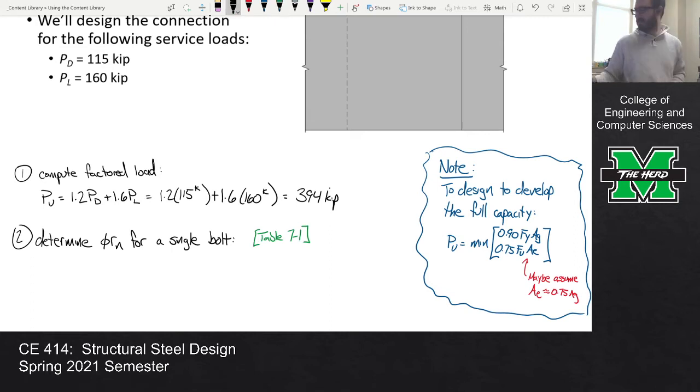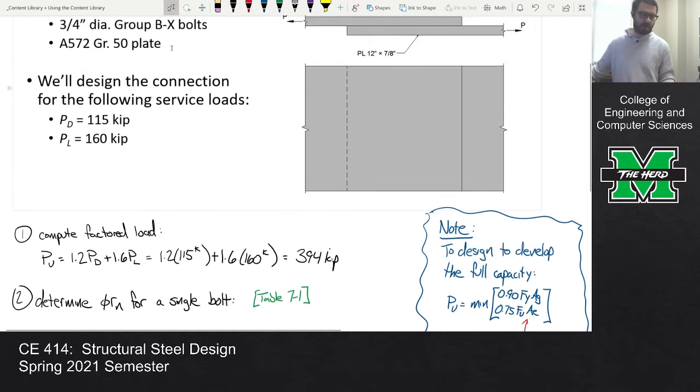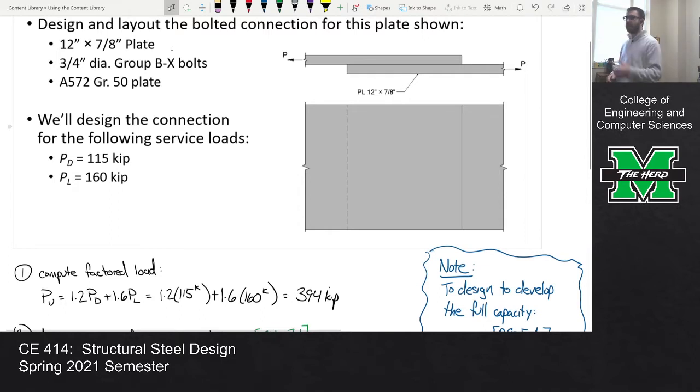Let's scroll up a bit so that we all see what we're talking about here. We're going to go with the 3/4 inch diameter Group B X bolt. Help me out. Is that all the information that we would need? We've got the bolt diameter, we've got the group, we've got whether or not the threads are included or excluded.